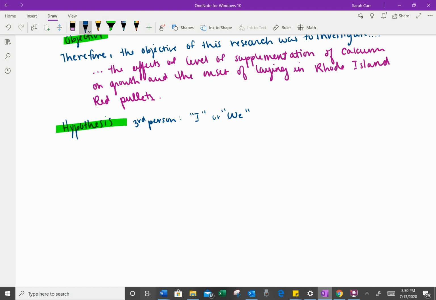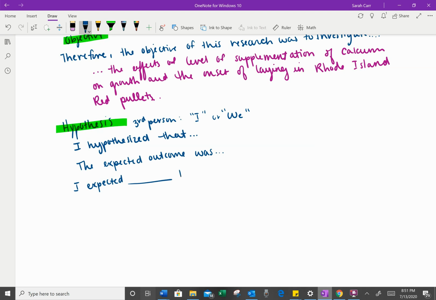And some general structures for writing this would be, I hypothesize that. Remember, we're in past tense. You could say the expected outcome was. Or something along the lines of, I expected blank to occur.